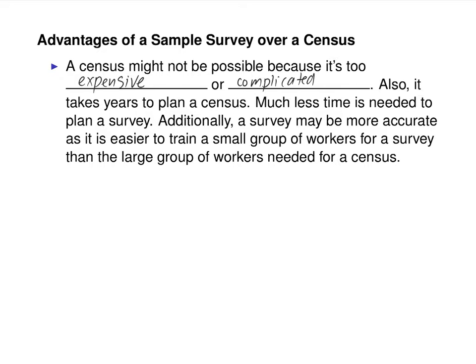Does that make sense? And also it can take forever. It takes years to plan a census. Much less time is needed to plan a really, really well-designed survey. And a survey may be more accurate because it's easier to train a small group of people to do your survey than a whole bunch of people to do the census. Does that make sense? So with the introduction of error, the probability that it's going to happen will be larger with more people.